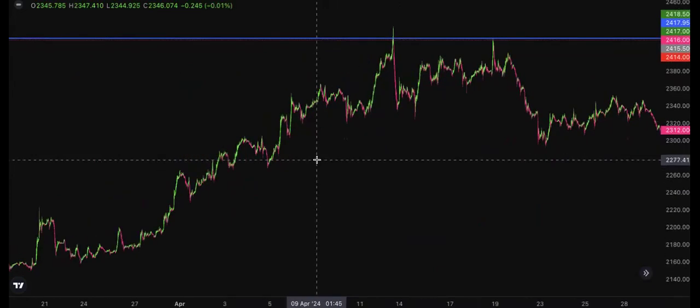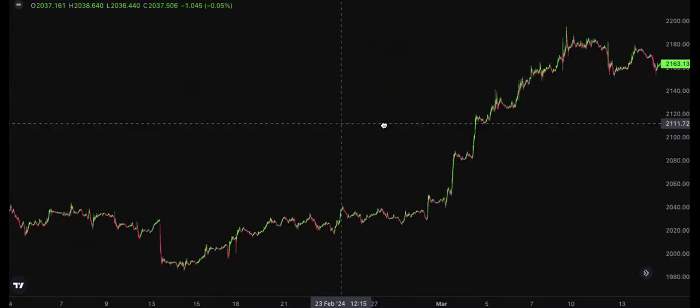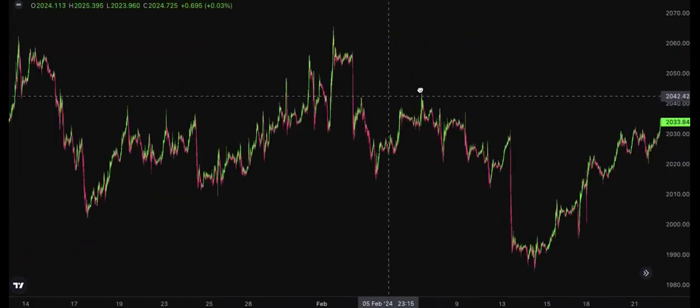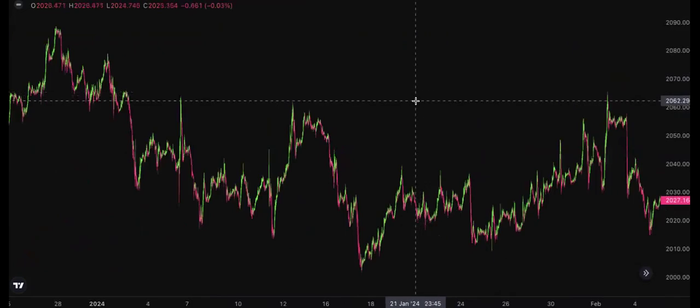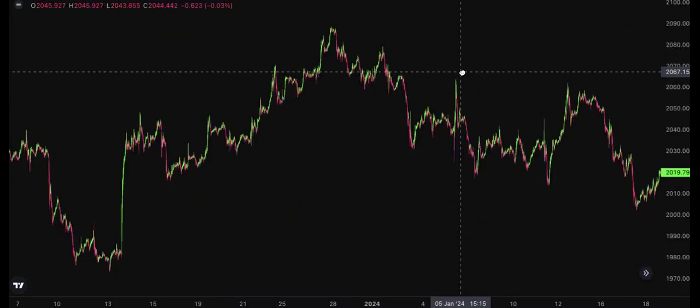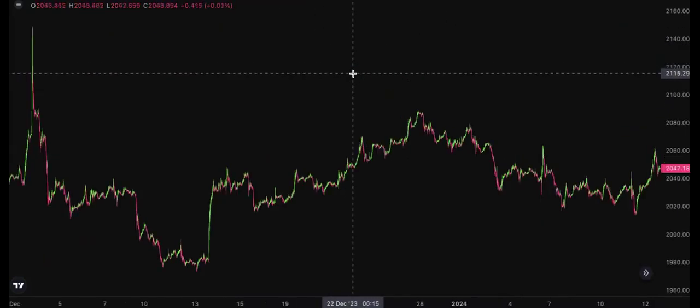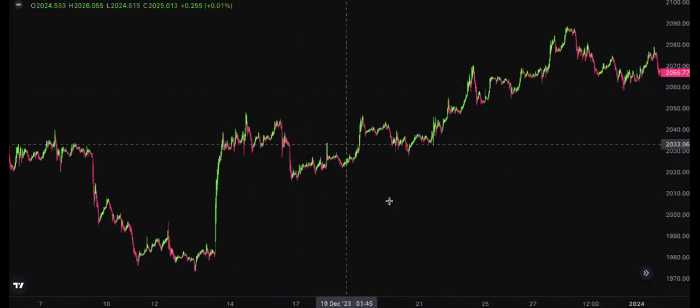What I'm looking for are areas of heavy consolidation. It's been a long time since gold has even been in this area. Gold is reaching some new highs, so we want to be mindful of that.